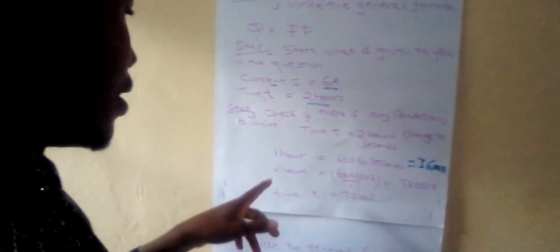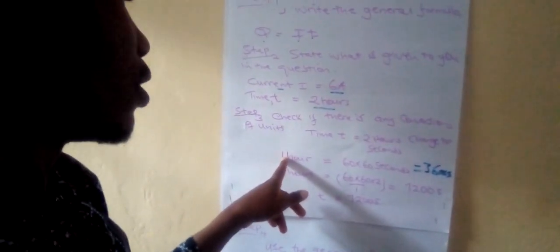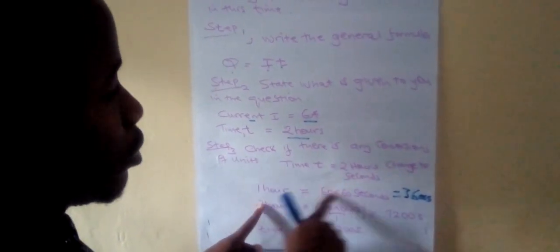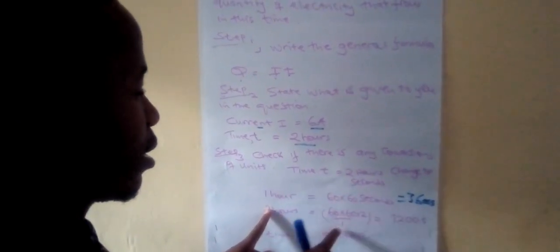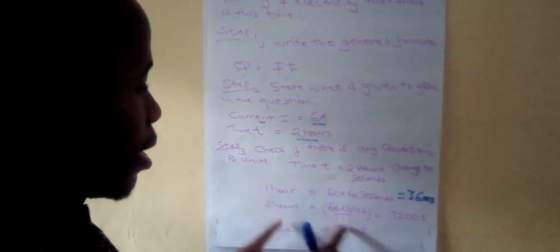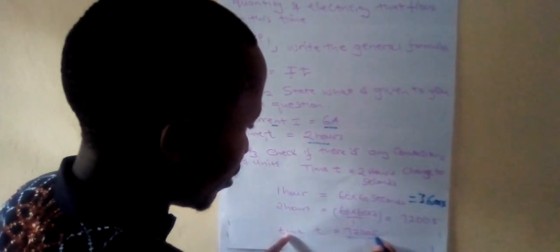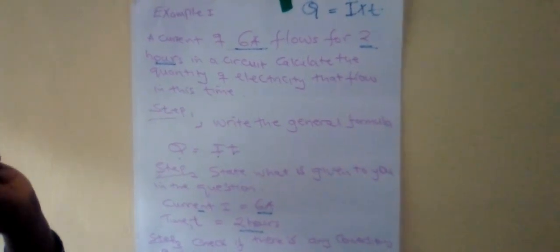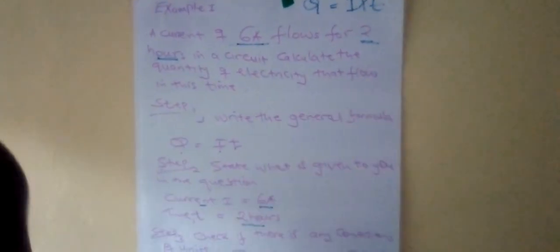That is the number of seconds in 1 hour. So for 2 hours, we multiply 2 times 60 times 60 over 1, and our total time taken is 7,200 seconds. That is the time the current flowed in the circuit. After this, we go to step 4.